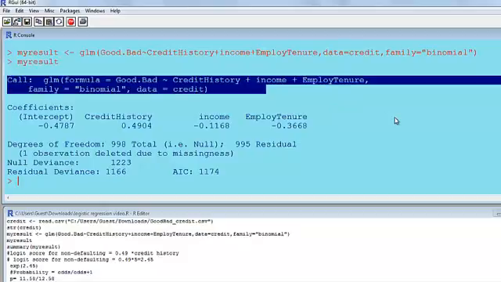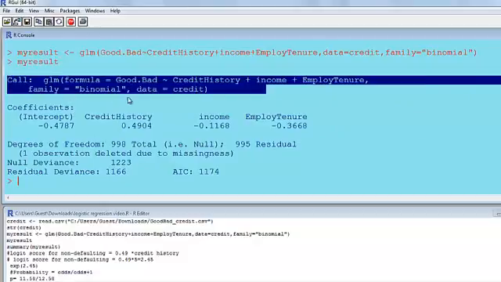And as the third argument, family, I'm writing binomial, because we are running a simple logistic regression which has only 2 outcomes. It's a binary outcome, so that is why we are mentioning family as binomial.